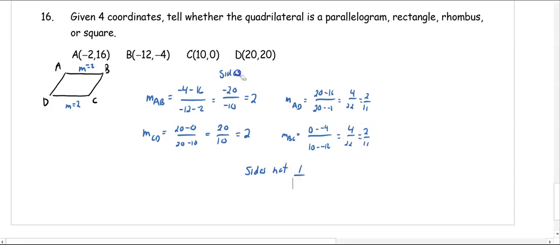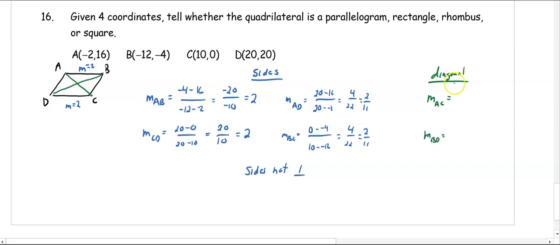So right now that means we are between a rhombus and a parallelogram, but we need to find the slopes of the diagonals. So the two diagonals in this shape are AC and BD. So we need the slope of AC and the slope of BD.